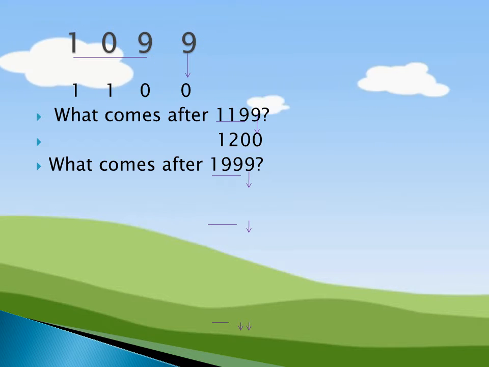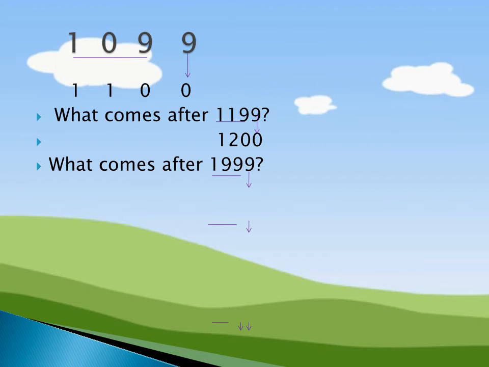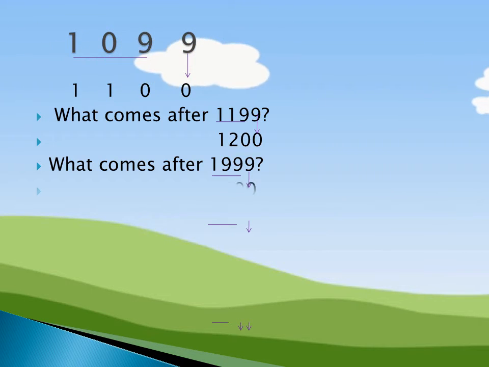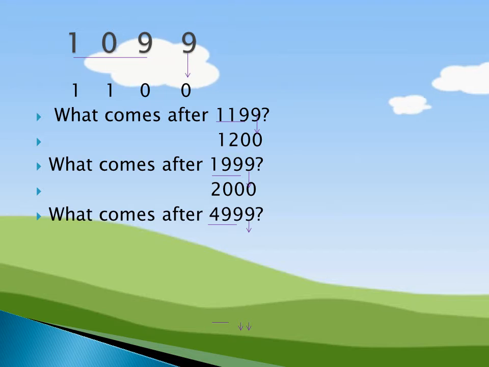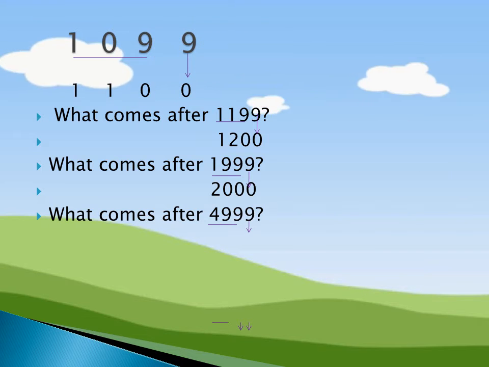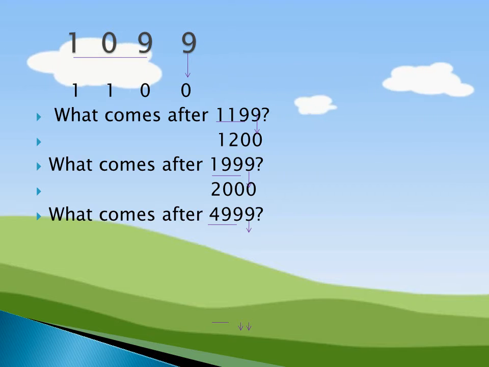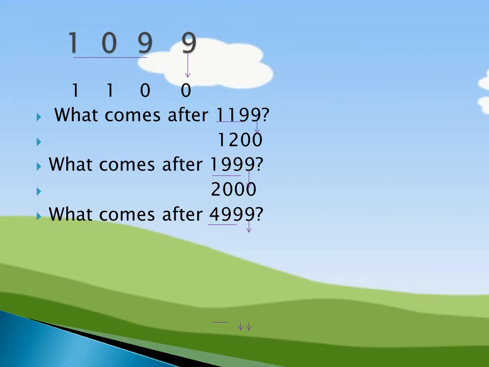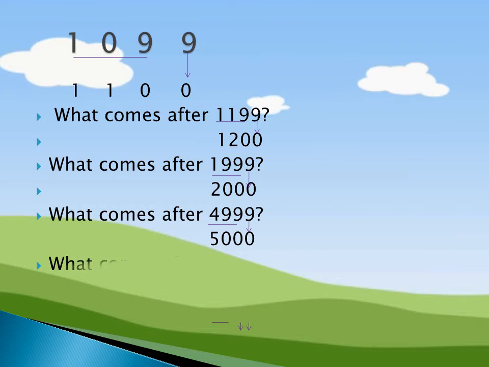Again 9 turns into 0, and what comes after 199? 200. So the new number is 2000. What comes after 4999? Again 9 turns into 0, and what comes after 499? 500. So the new number is 5000.